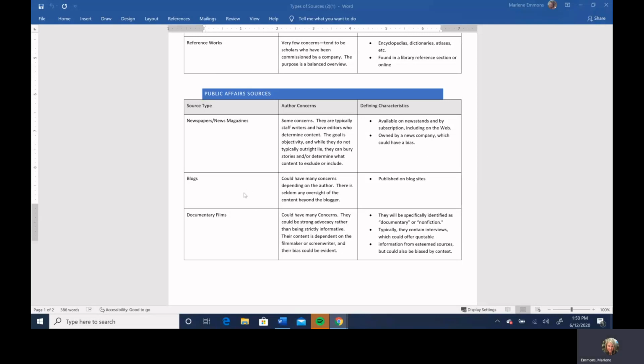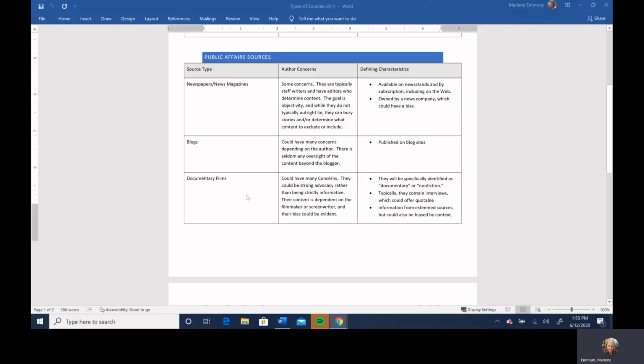Blogs, of course, have many concerns. There is seldom any oversight of the content beyond the blogger. And so those are going to be published on blog sites. Documentary films could also have concerns. They could have a very strong advocacy other than being strictly informative.